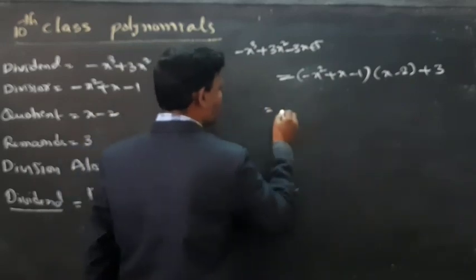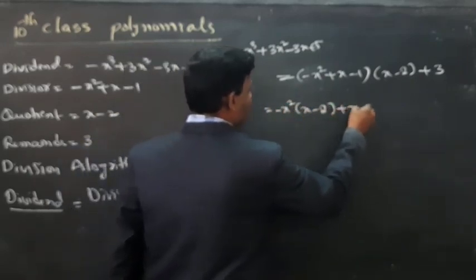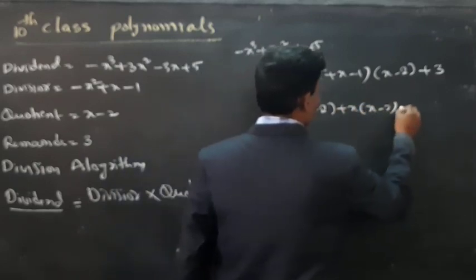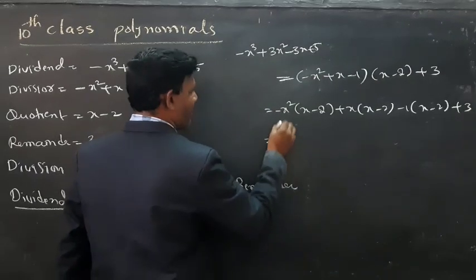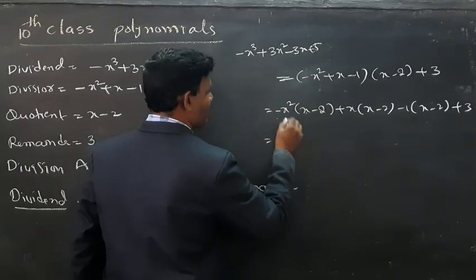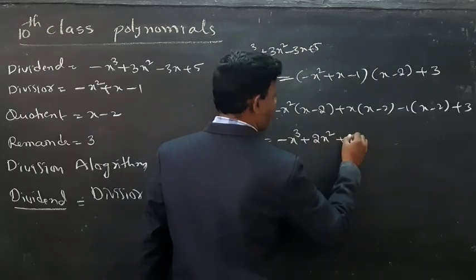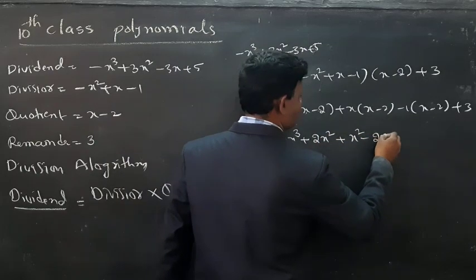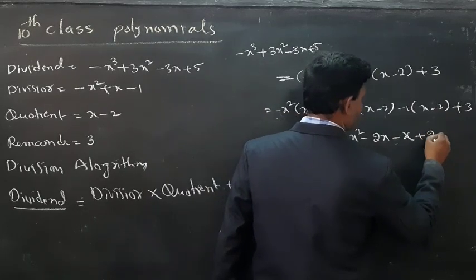Now multiply this. Minus x square into x minus 2, plus x into x minus 2, minus 1 into x minus 2, plus 3. Here, minus x cube plus 2x square plus x square minus 2x, then minus x plus 2 plus 3.